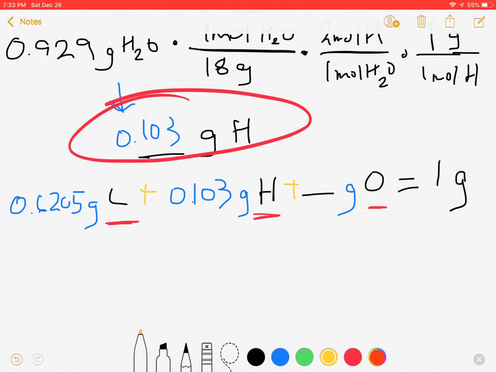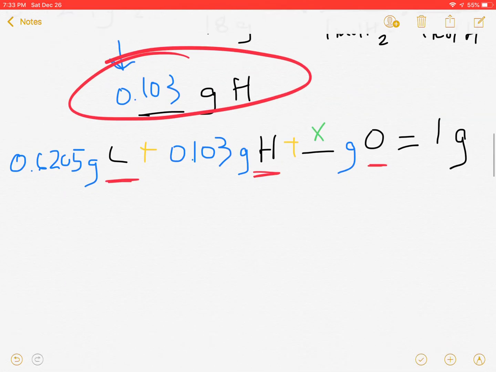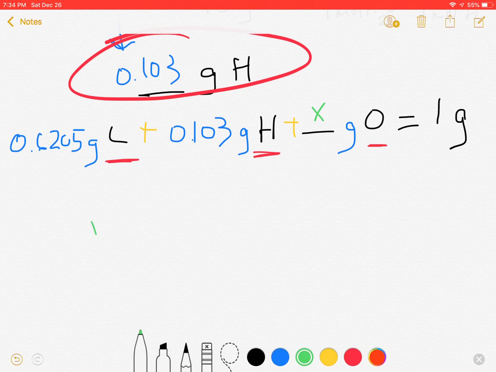So now we can treat this exactly like an algebra problem. We'll just set this to x. And now, in order to solve for x, you do 1 minus 0.103 minus 0.6205. And that gets you exactly 0.2765 grams of oxygen.